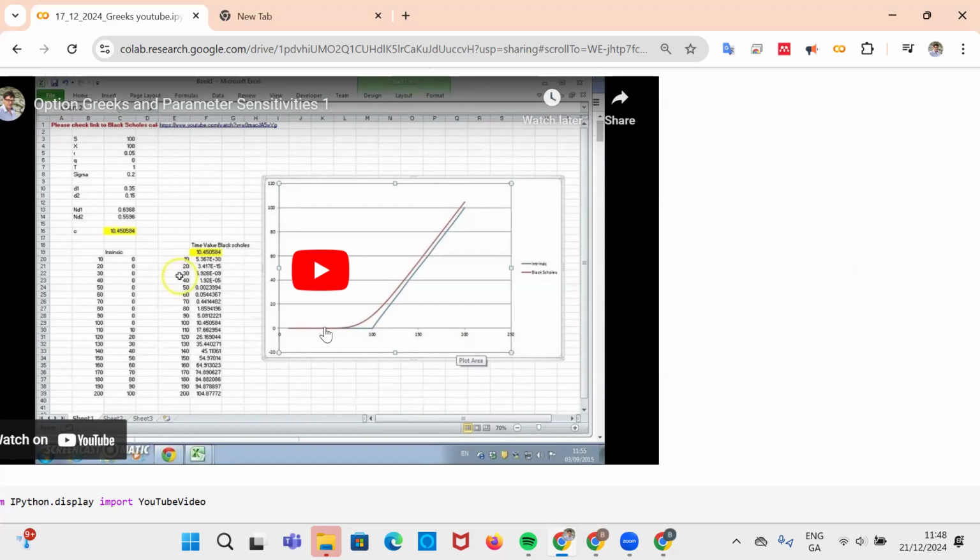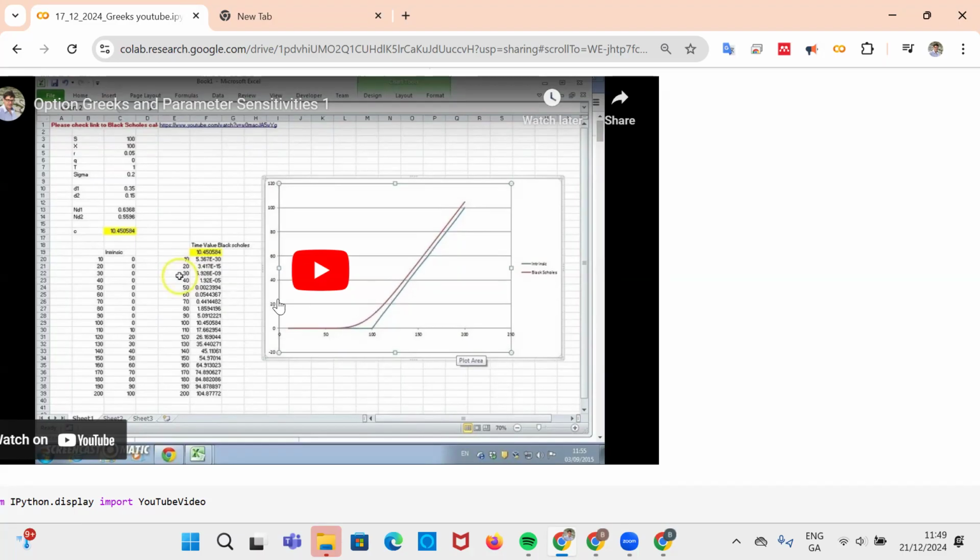And initially it's zero, hardly any effect. The delta is zero. And then as we get closer to the exercise price, the value of the delta is increasing at an increasing rate. And then we observe that we converge to one, or a value close to one. So we go from zero to one.